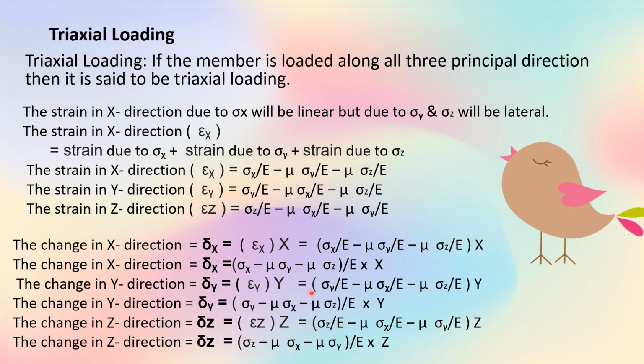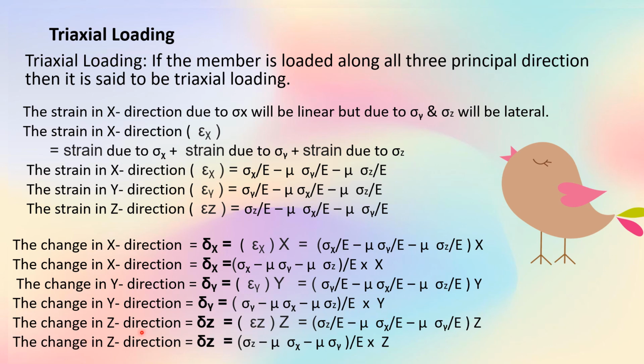Now I am taking 1 upon E common, so it becomes delta y is equal to bracket open sigma y minus mu sigma x minus mu sigma z bracket close divided by E into y, where y is the length in y direction.